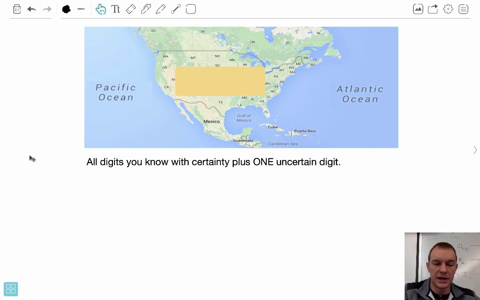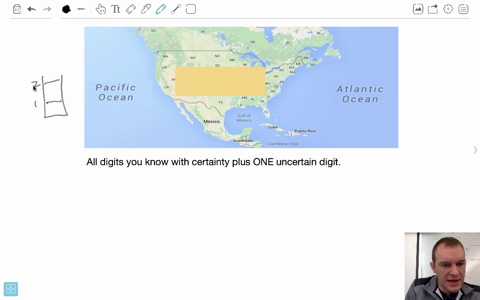So pardon this terrible drawing I'm going to do here. If we draw a picture of a container, and we mark a line here, we'll call that 1, and we mark a line here, we'll call that 2.